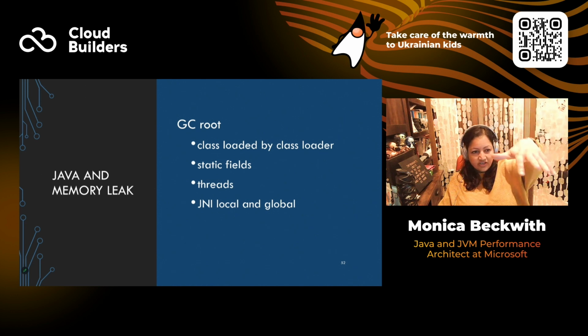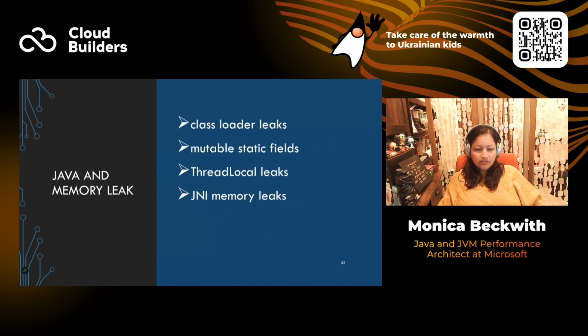You are doing some JNI local references and class loading, of course, all class loaders, right? You wrote that program, you designed this thing, so you are responsible for the GC roots.